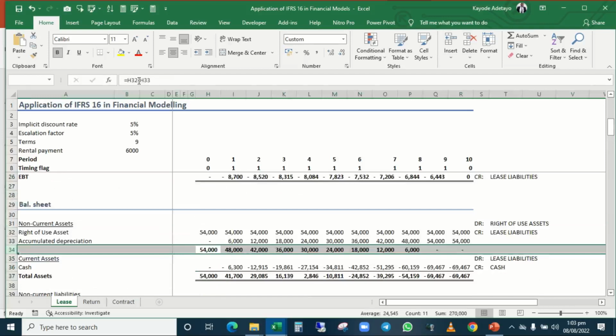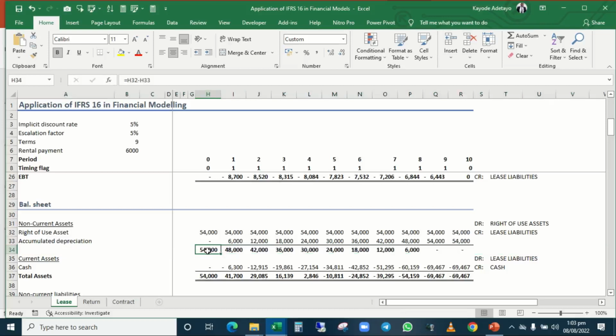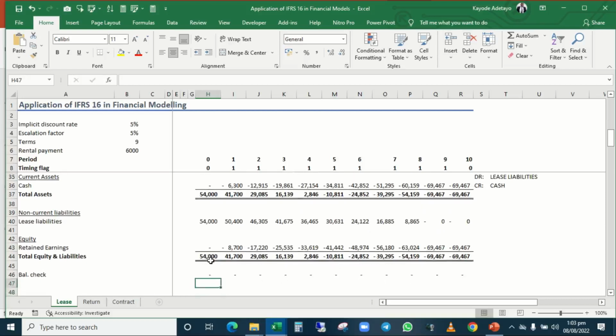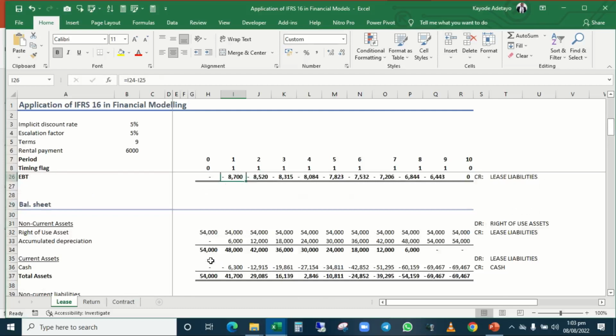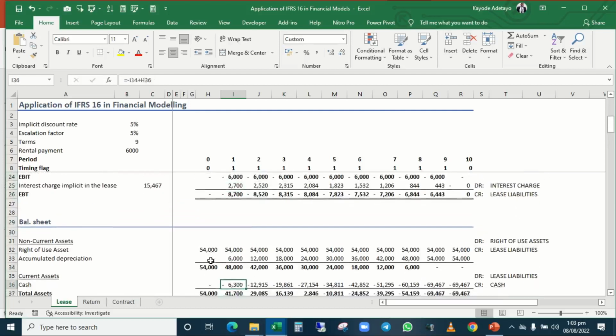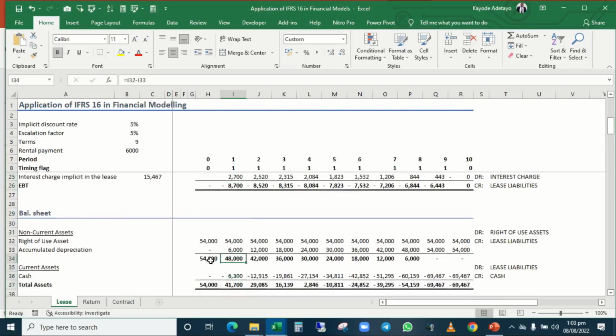So you can see that the net book value of right of use of 54,000 is completely different from the value of the lease liability as time goes on. So this is 54 at the onset, but in year 2 is 50,400. When you go to the net book value of assets it is 48.